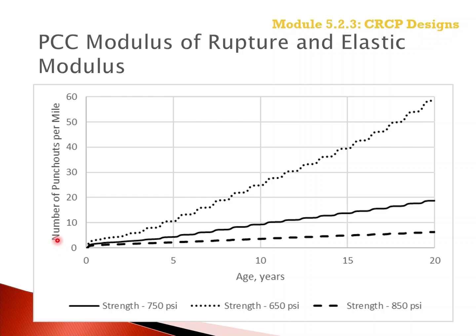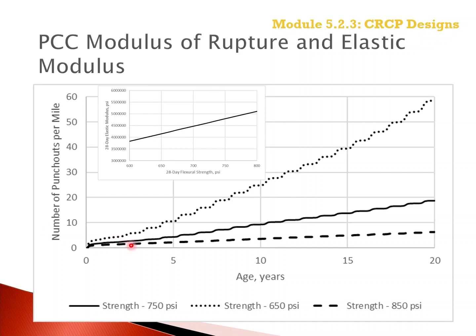However, there is a relationship between the concrete strength and the elastic modulus. Increasing the strength also results in an increase in elastic modulus. As the elastic modulus increases, the tensile stress that is computed also increases. So the impact of the modulus of rupture and the elastic modulus depends on how the elastic modulus increases relative to an increase in the modulus of rupture for different mixes.